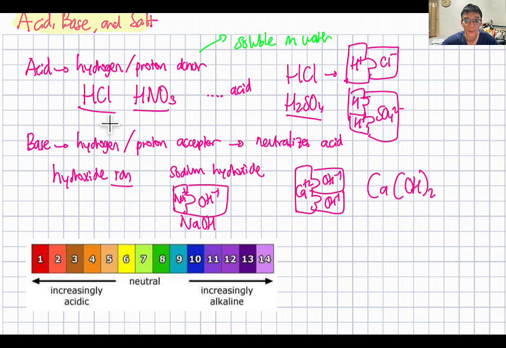Now, before we speak about the ionization, I would like to speak about the strength of an acid or base. The strength of an acid and base is discussed in the scale of pH. So this is called the pH scale. And what we have here is the universal indicator.